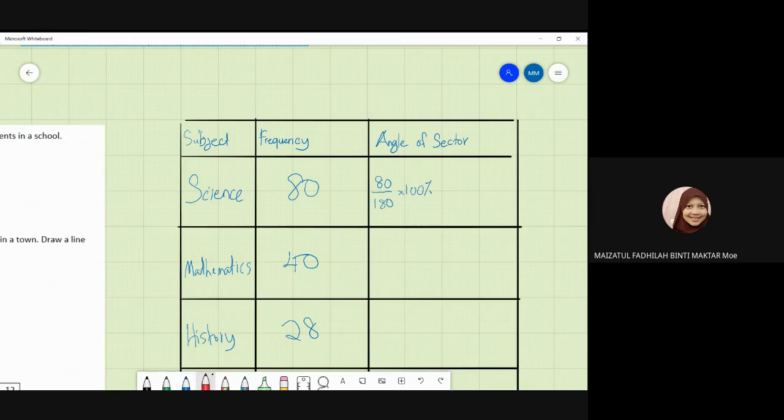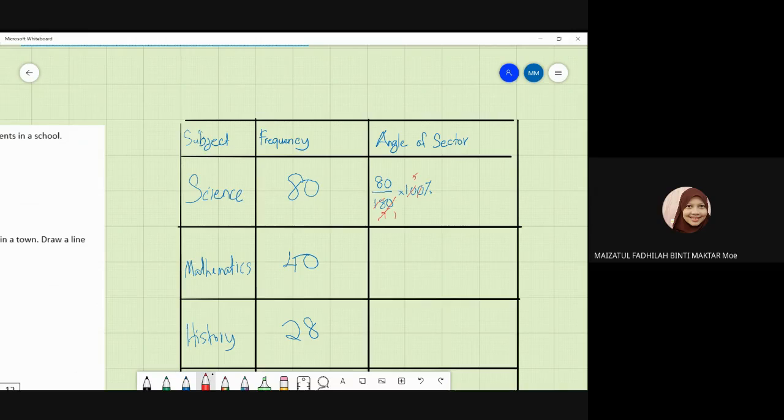If you can do it without a calculator, you simplify. This one can be 9, and this one becomes 5, and this one becomes 1.